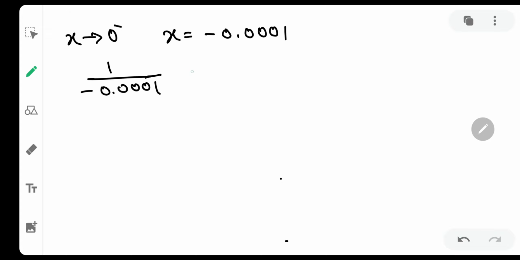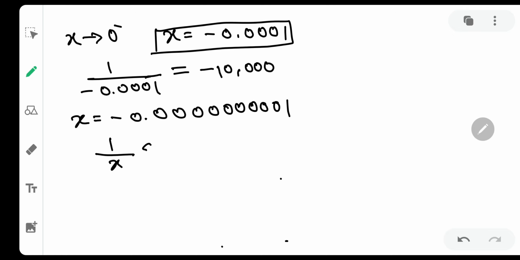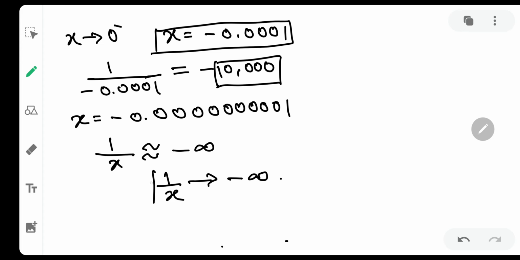Obviously it will be a very big number, and we can say this is minus 10,000. But as x approaches 0, it can be taken as approximately minus 0.0000001. So the 1 upon x value will nearly approach minus infinity. This number will go on increasing. So as we know, 1 upon x will tend to minus infinity.